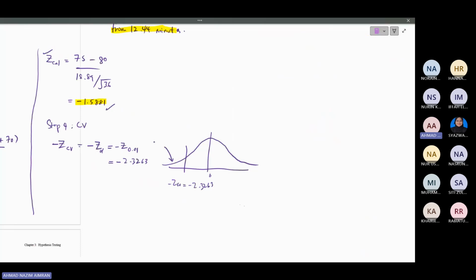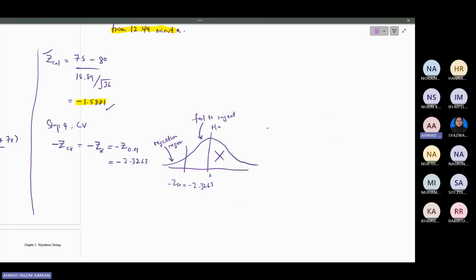Remember, this is the rejection region. If the Z calculated falls under this region, we will reject H null. But if the Z calculated falls within this region, we fail to reject H null. Don't bother about this other region because we are only testing one side of the distribution.